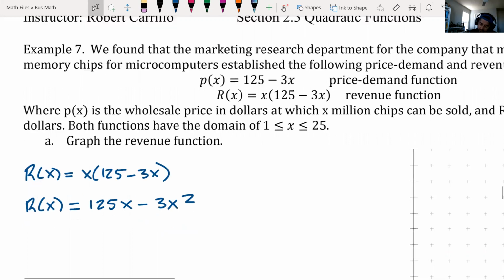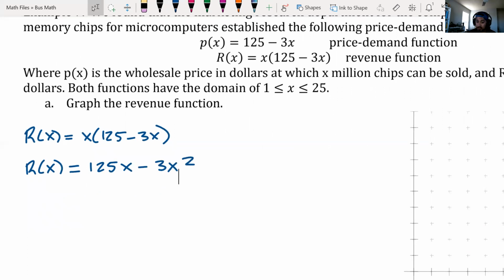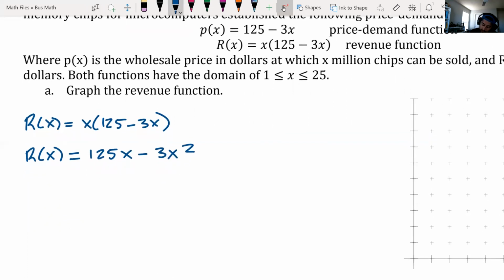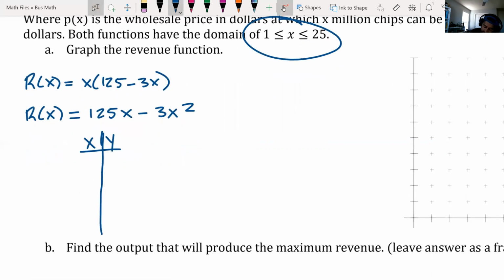Okay, so all this says is we want to graph it. So to graph this, well, they're giving us the X values already, 1 through 25. So I'm going to make an XY chart and pick the numbers they're giving us. 1, and I'm going to jump by 5s. 5, 10, 15, 20, 25.